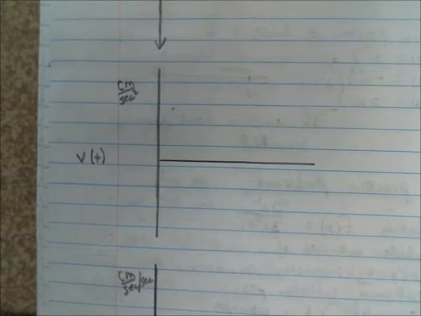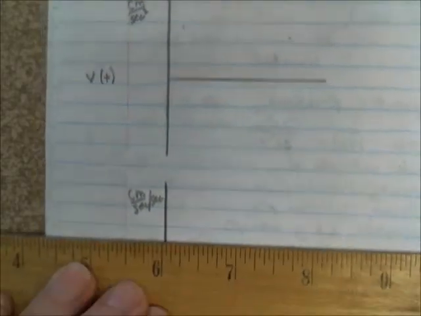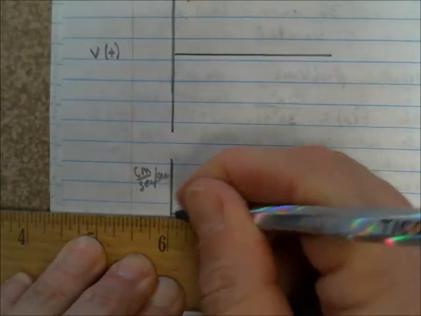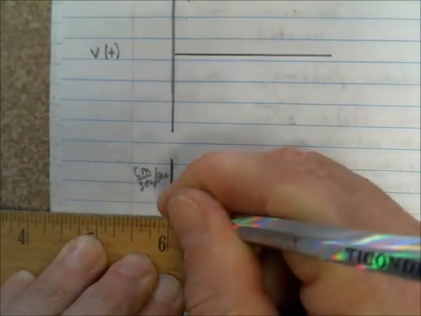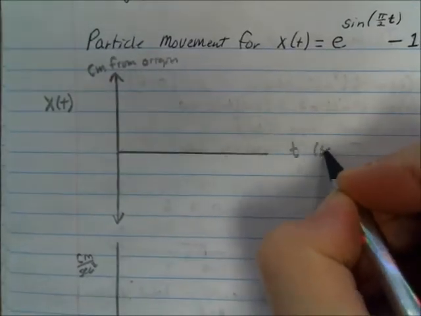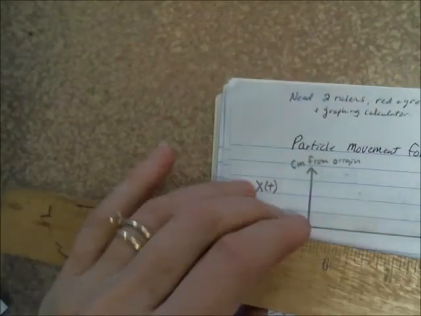You can have your horizontal axis a little further up than halfway, because it's got to go down below. So we're going to draw this 2 inches also. These horizontal axes all represent t for time, all 3 of them, and these times are going to be in seconds. Maybe I'll zoom it out so you can see more of what I'm doing here from above. And these seconds all have to line up with each other.